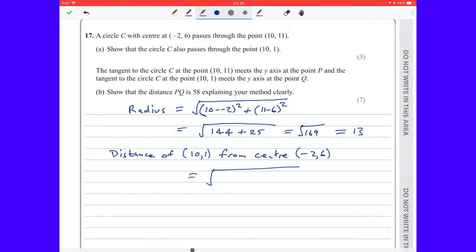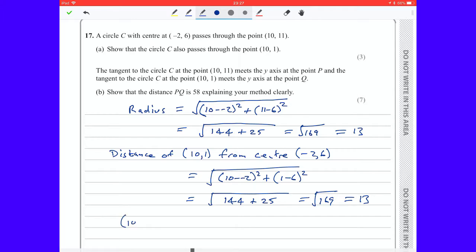So in this case, it's 10 minus -2 squared plus 1 minus 6 squared. And as before, 10 minus -2 is 12, squared is 144. 1 minus 6 is -5, squared is plus 25. And that's the square root of 169, which is 13.